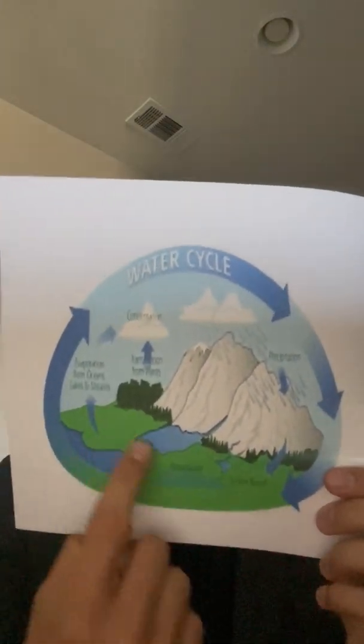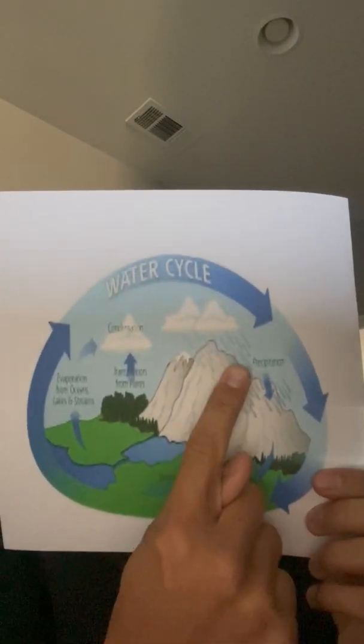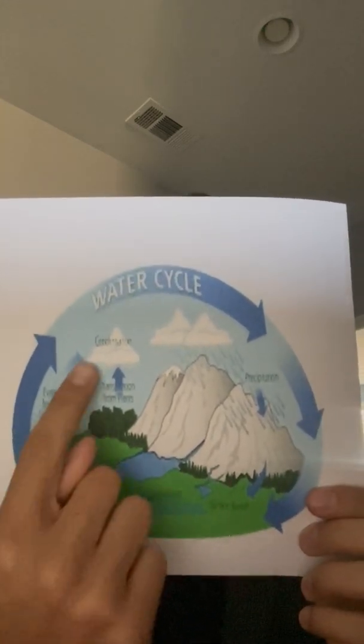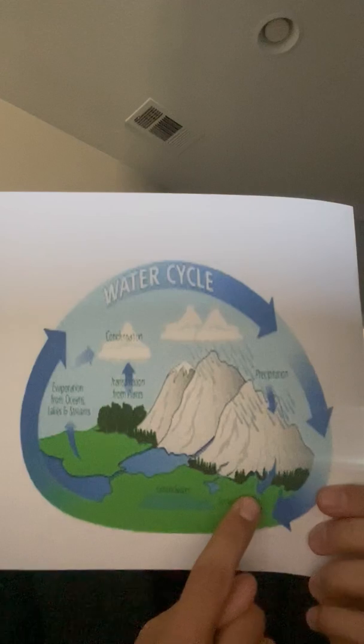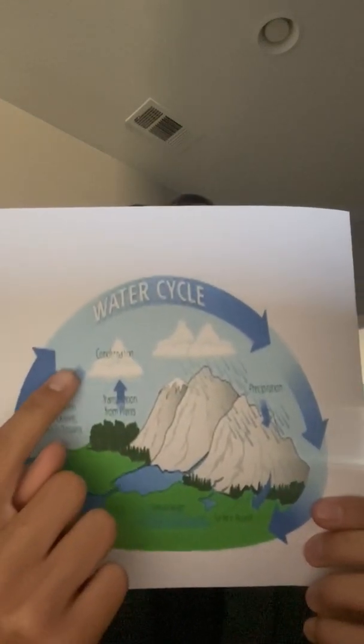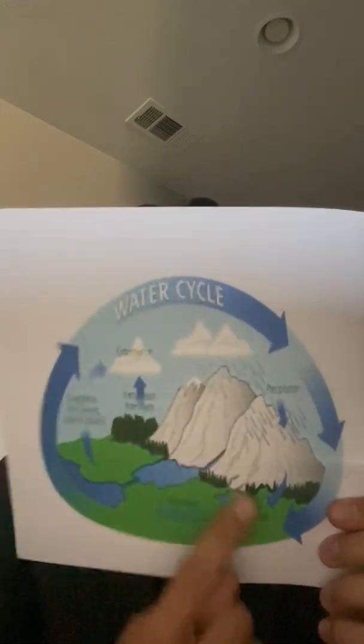It is precipitated, it falls back to the ground, it is evaporated again, condensed again, and then precipitated again, which is basically rainfall. It evaporates, becomes a cloud, and henceforth a cycle.